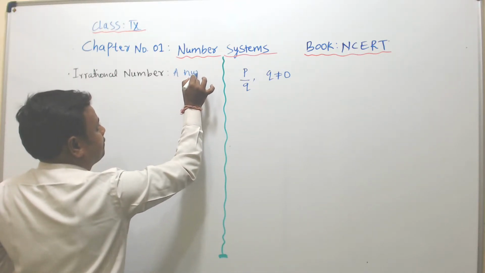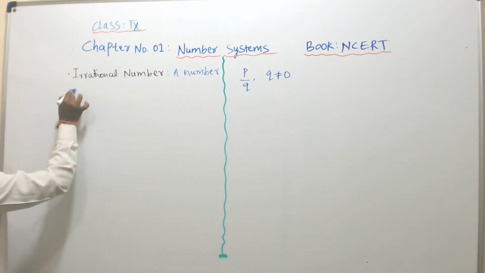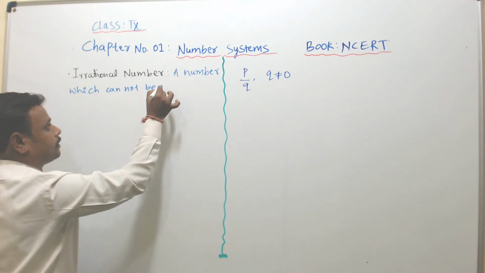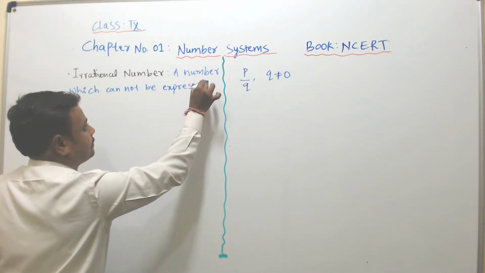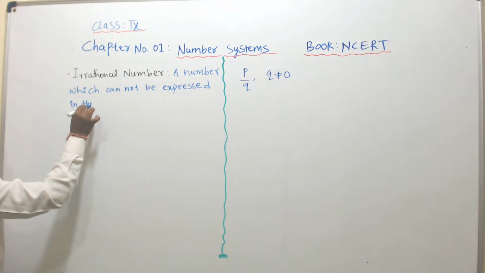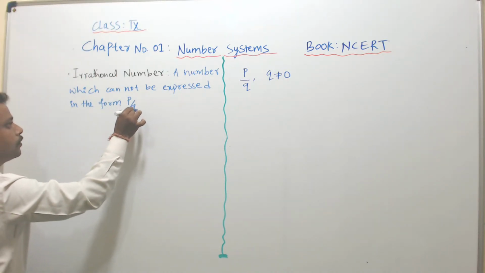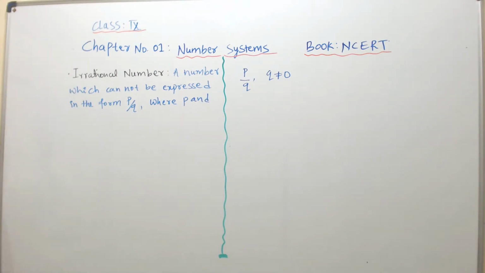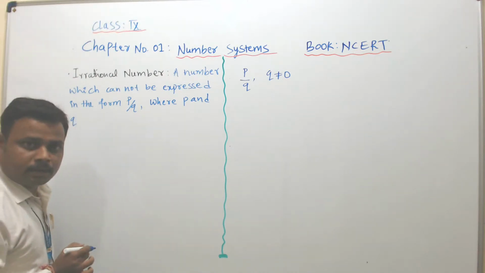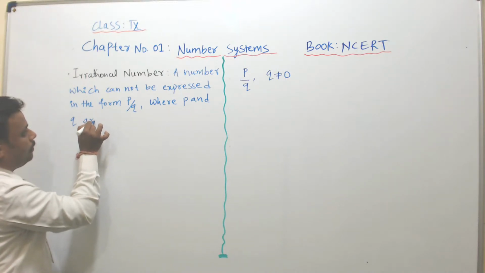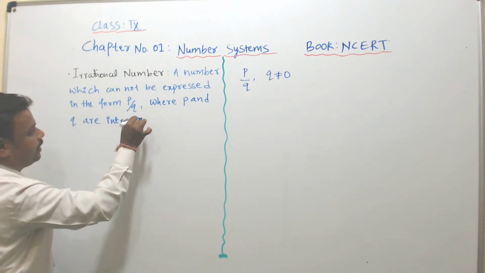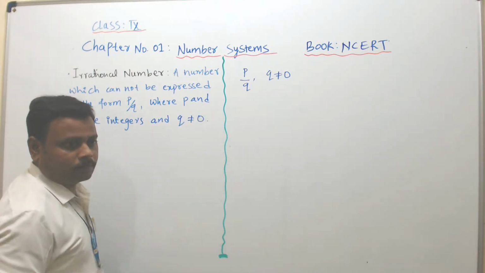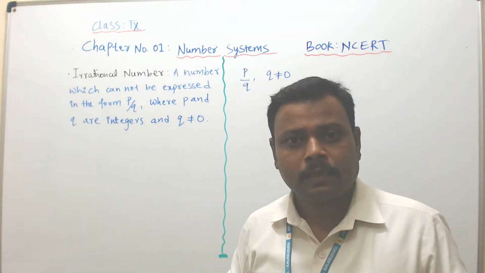A number which cannot be expressed in the form p by q, where p and q are integers and q is not equal to 0. This is the definition of irrational number.